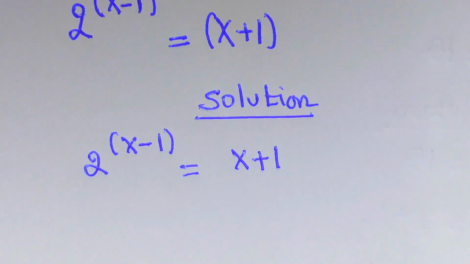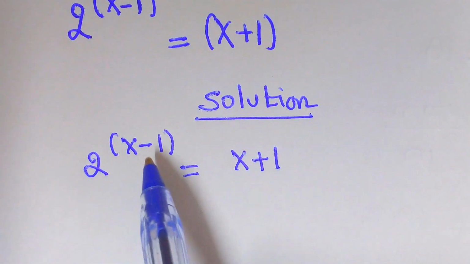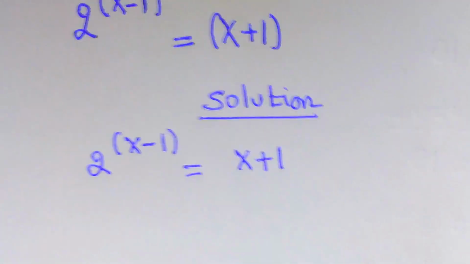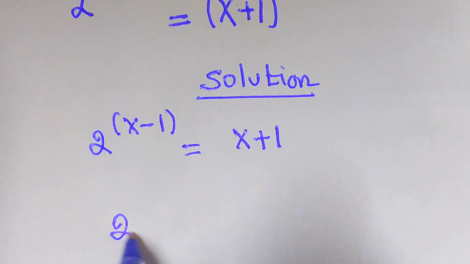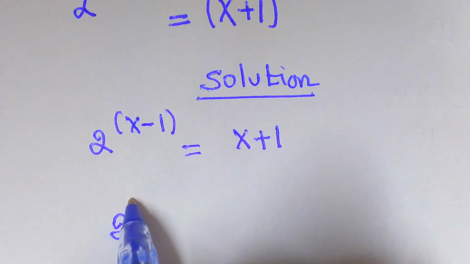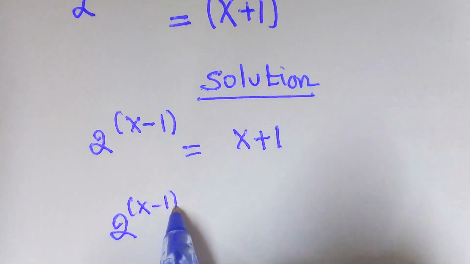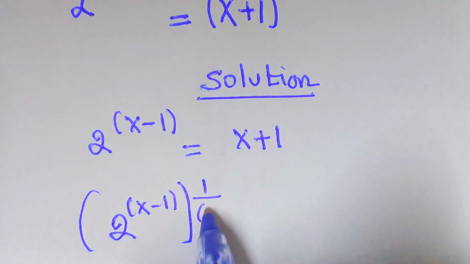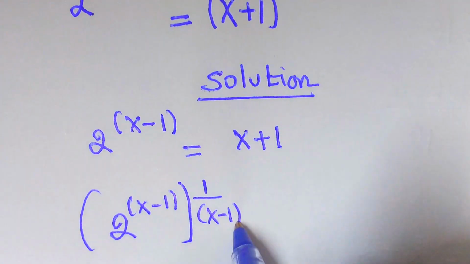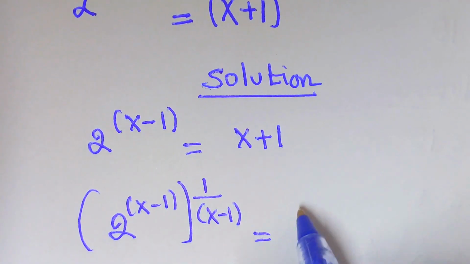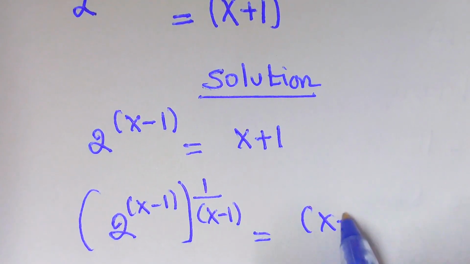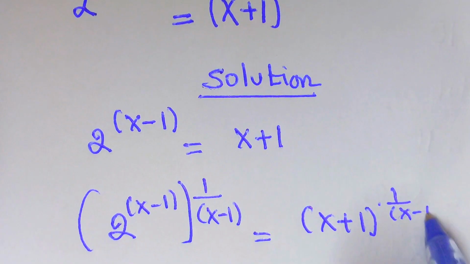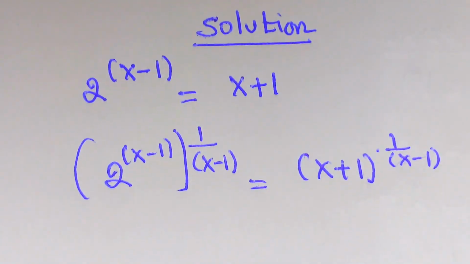What we should do here is remove this x minus 1 that we have right here. So we shall raise both sides to the power 1 over x minus 1. What we do on one side, we have to do on the other side.